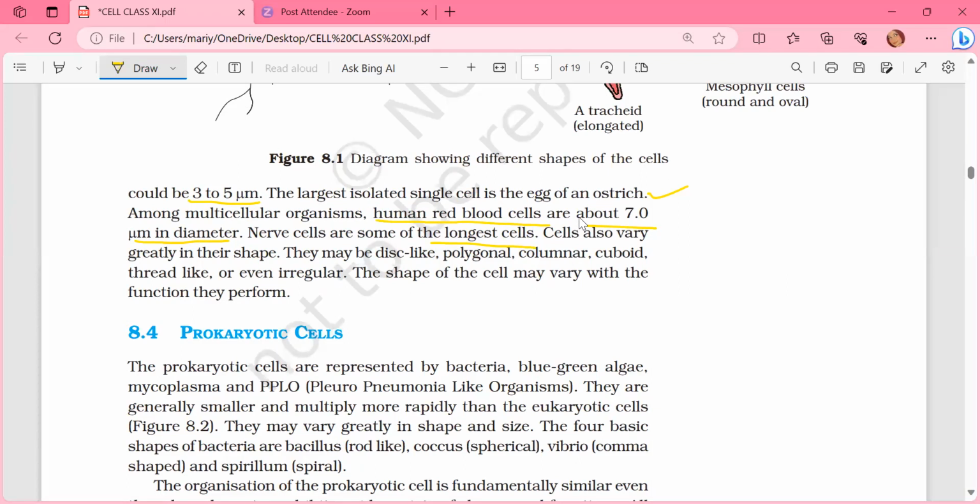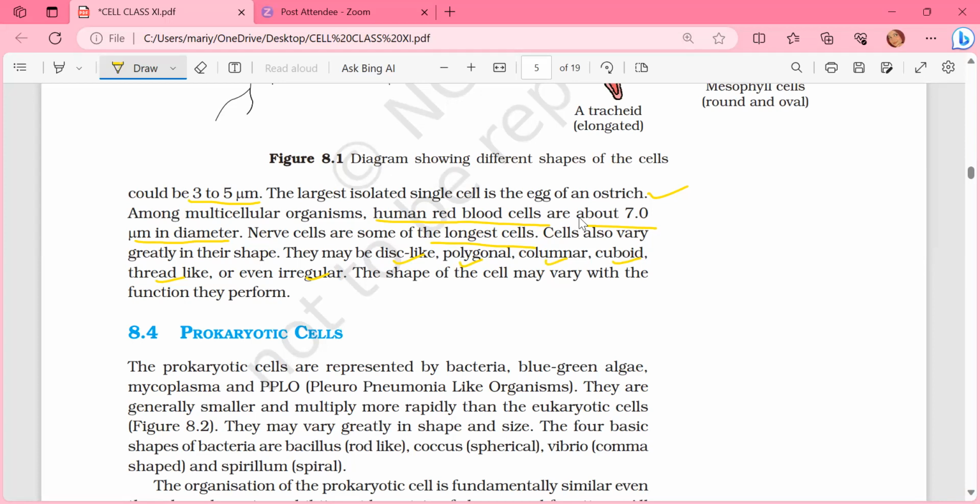Now, cells vary greatly in their shape. They may be disc-like, polygonal, columnar, cuboid, thread-like, or even irregular shaped. And the shape of the cell varies according to the function they perform.